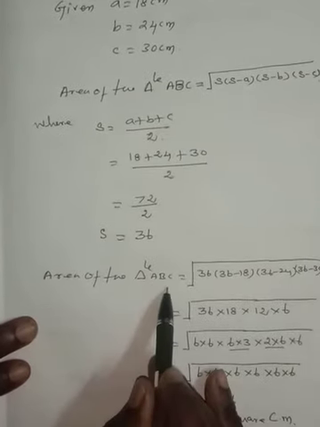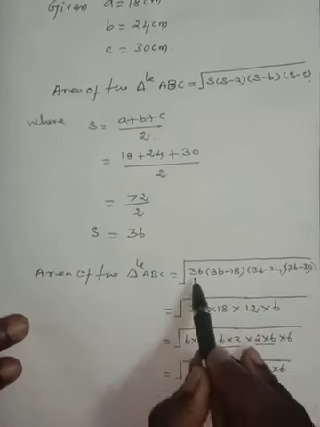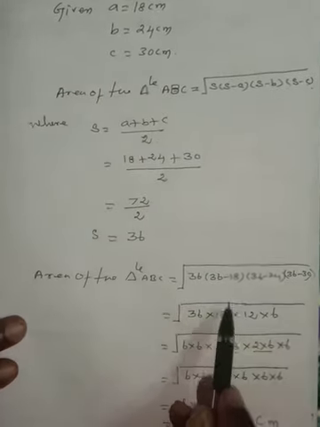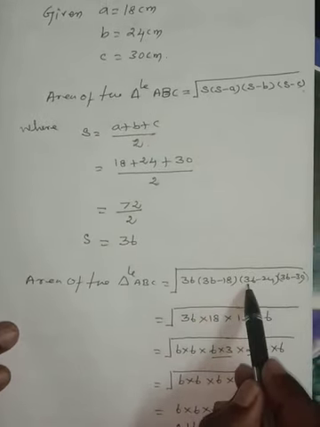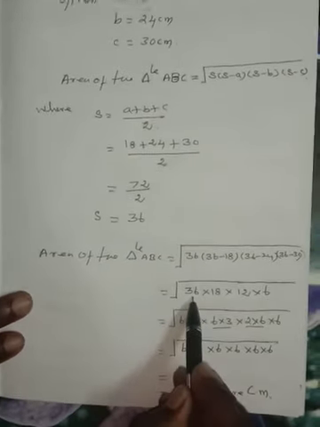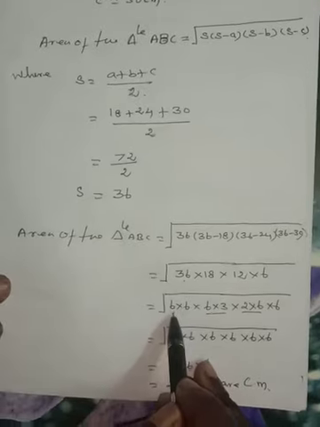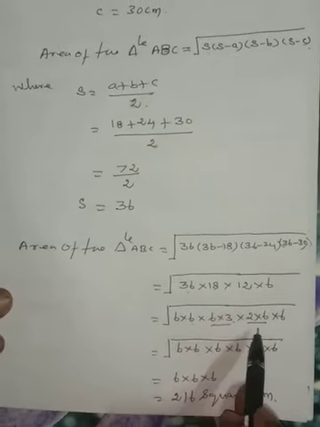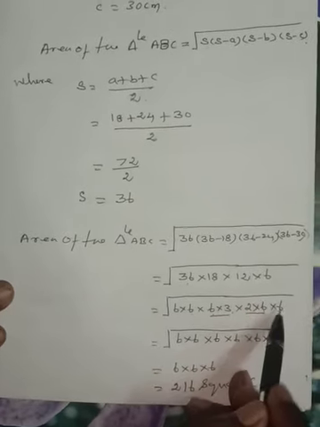Area of the triangle ABC is equal to the square root of s into (s minus a) into (s minus b) into (s minus c). s is 36: 36 into (36 minus 18), (36 minus 24), (36 minus 30). So 36 can be written in the form of 6 into 6, 18 is 6 threes, 12 is 6 twos, into 6.